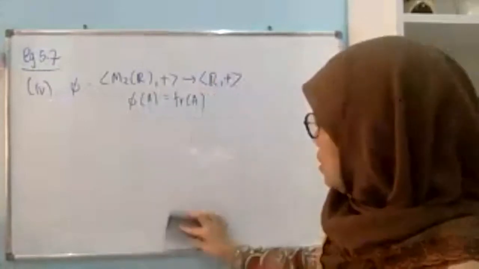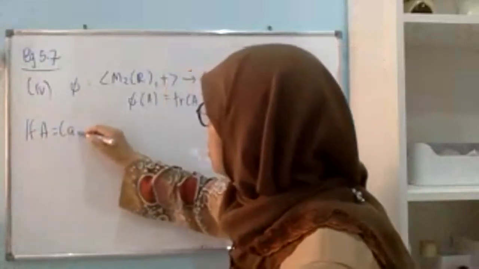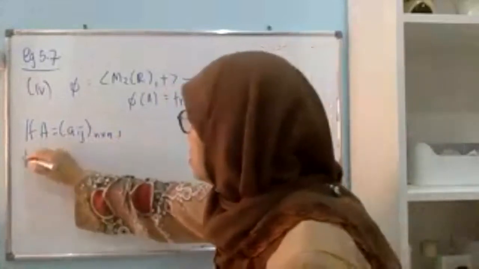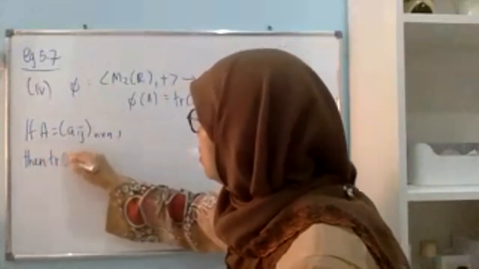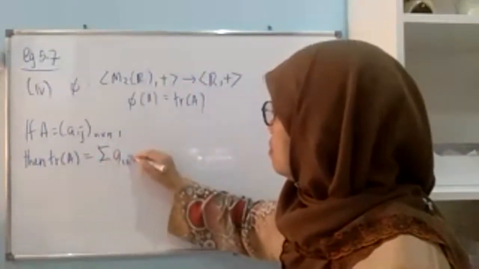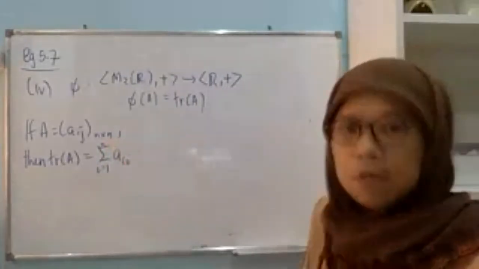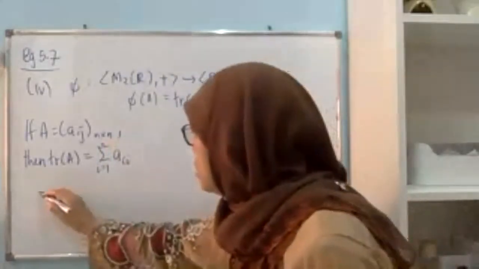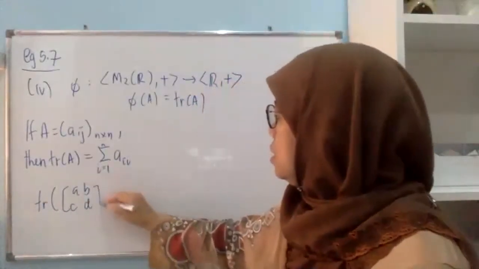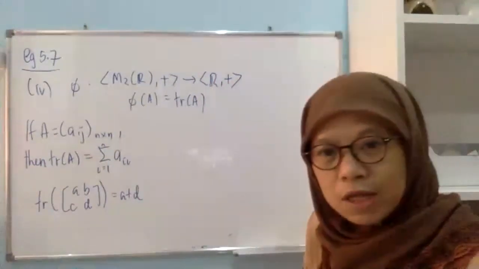So if A is Aij, it has to be a square matrix. Then the trace of A is the sum of the diagonal. For example, the trace of, in general, A, B, C, D is just A plus D. That is the trace.